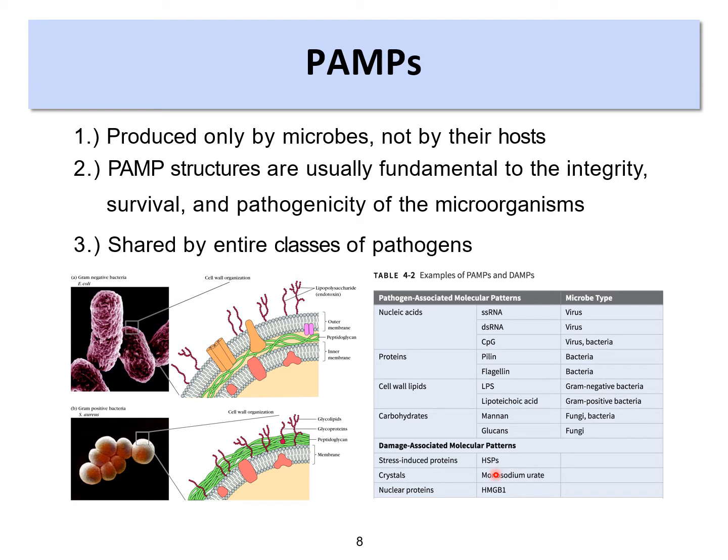Others are crystals like monosodium urate and nuclear proteins like HMGB1, high mobility group protein B1, present in humans. So these are the damage associated molecular patterns, arising when the cell is damaged by stress, like heat shock proteins, crystals such as monosodium urate, and nuclear proteins such as high mobility group protein B1.